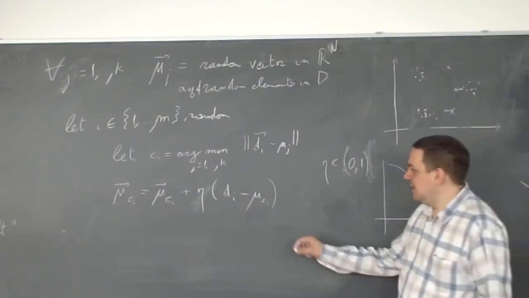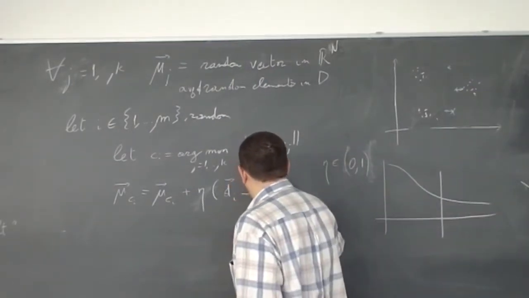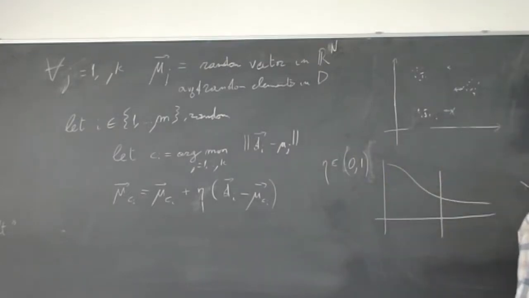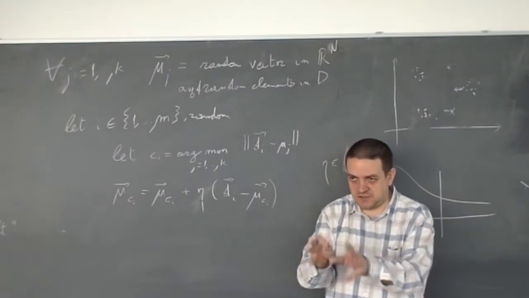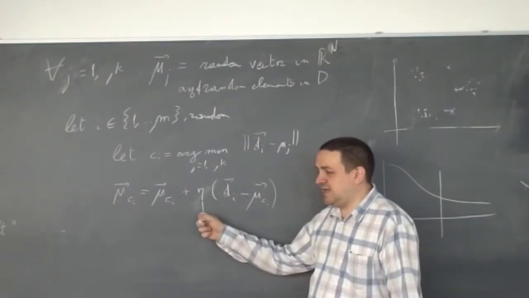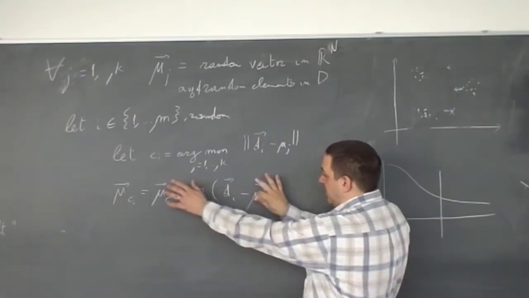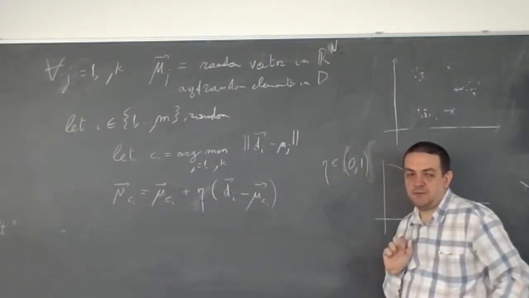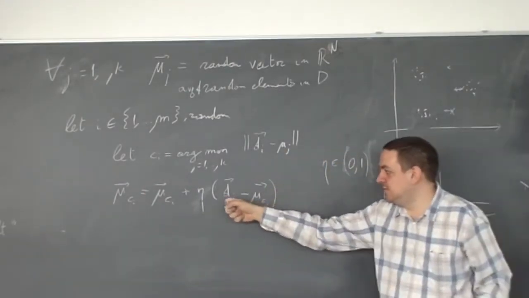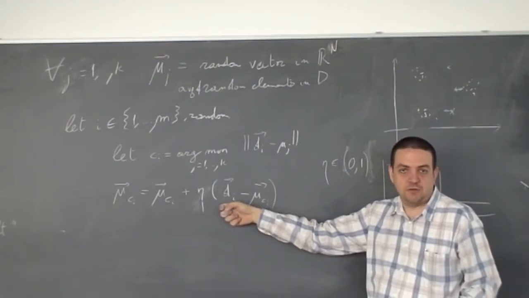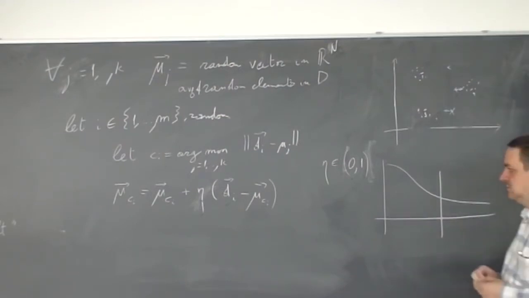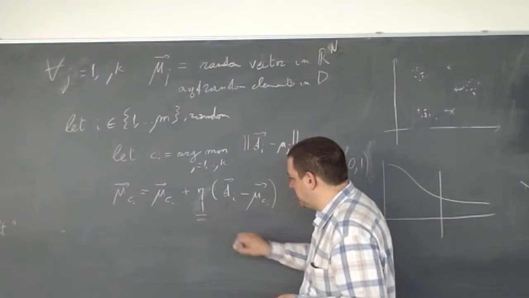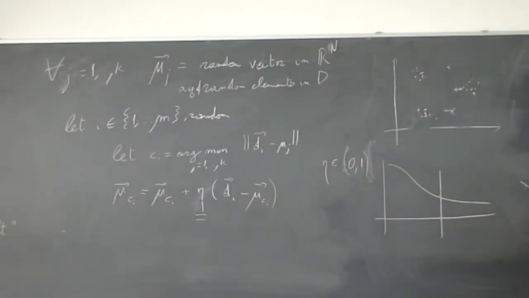In fact, if we choose eta equal to 0, then we are not moving anything and all representatives stay where they are. If we choose eta equal to 1, then we are forgetting about the previous position and we are making the representative jump to the document's position, to the element's position, which we don't want. So, we need, of course, to set up this value for eta.